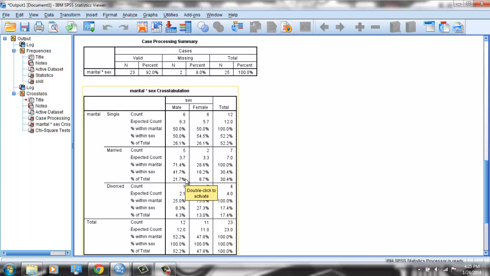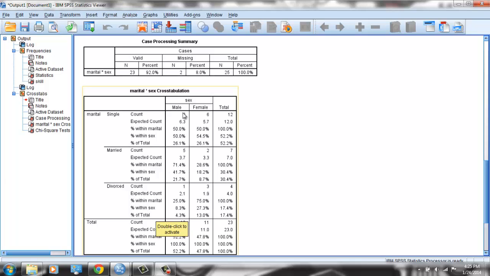Let's see here. If we wanted to ask what percentage are female and divorced, 13%. Now if we wanted to ask what percentage of married people are men, percent within marital would give you 71.4.